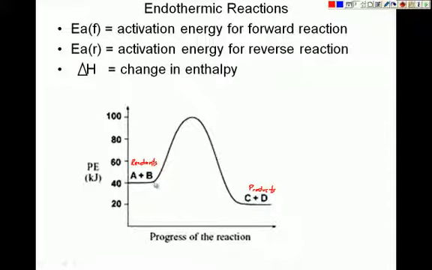So the amount of energy for it to go from reactants to products, it needs to go up by this amount of energy. Okay, so this is what we call our EAF. And from products to go to reactants, it needs to go up this amount of energy.